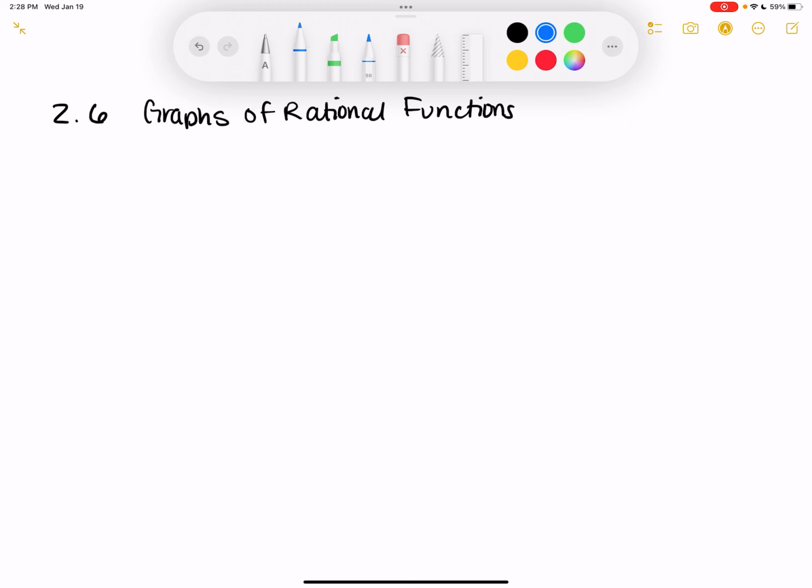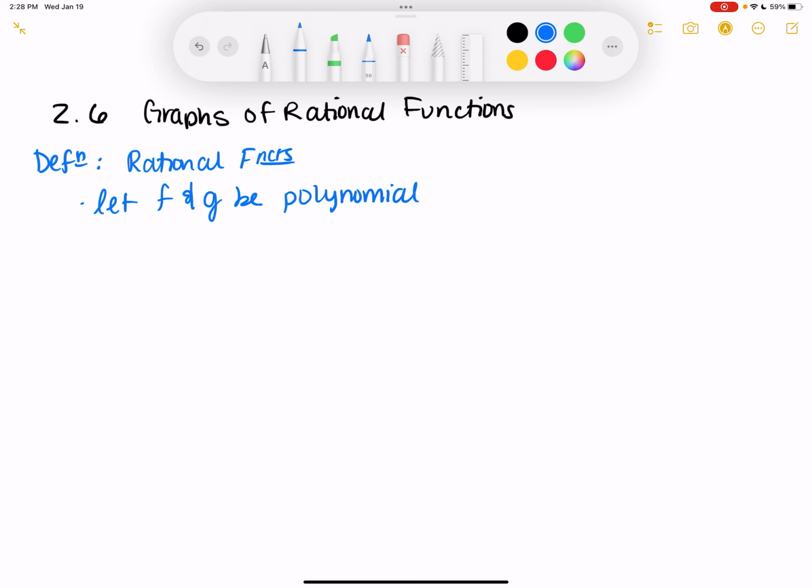So, definition, rational functions. Let f and g be polynomial functions with g of x not equal to 0.